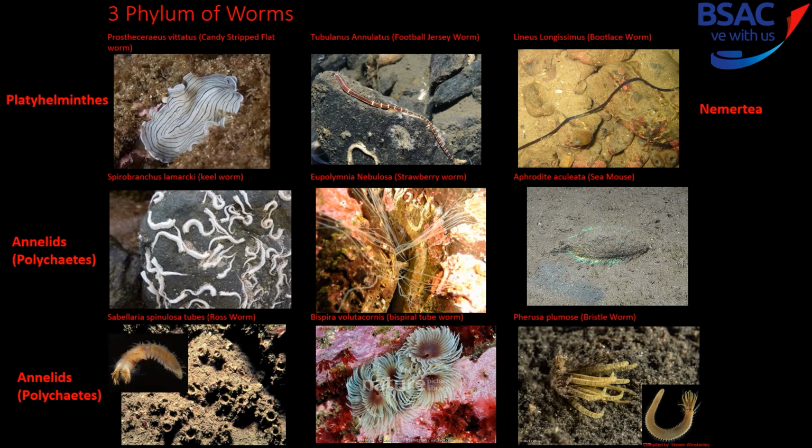Nemertea. There are only a few ribbon worms in the UK, 2 being the football jersey worm and the bootlace worm. The football jersey worm has a rounded head and a firm cylindrical body, gradually decreasing in diameter to a blunt tail. The colouring is very distinctive.